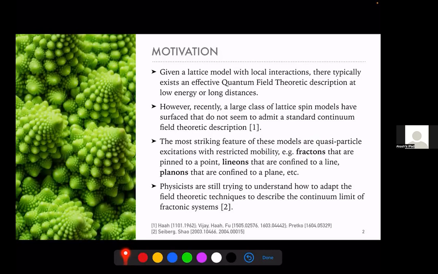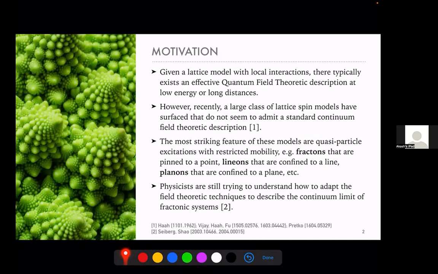These are weird excitations that once they are created, they cannot freely move in space. Not in the sense that they are in a potential, but rather you create a free fracton excitation, and then this excitation cannot just move in space. It will be present wherever you made it, to be precise.